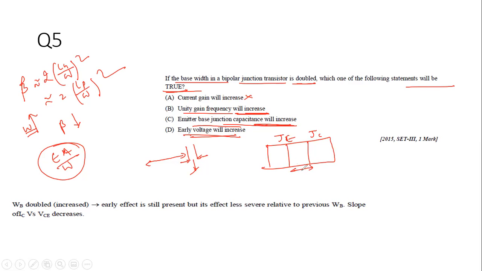So if base width increases, the effective base junction area will decrease, and if it is decreased, the capacitance effect will be increased. So emitter base junction capacitance will be increased.